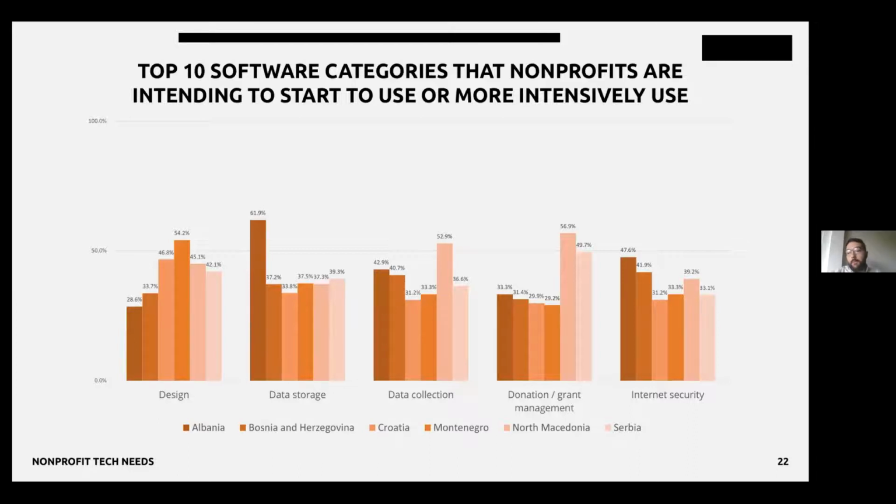So if you can demonstrate to both your constituents and to your donors that you're serious about security, this will be important for them, and is increasingly important when reaching a decision on what to grant their money for, and determining the capacity of organizations.